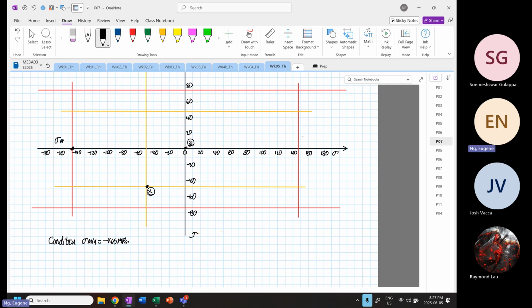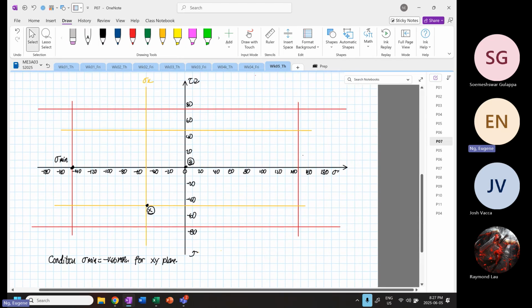This is our stress mean. Stress mean is at 146 for the XY plane. We can use that because we know that stress Z is at 0. We know that point Z is at 0.